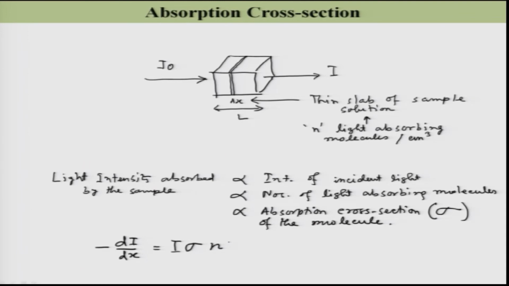Then I can integrate and put in the boundary condition. What is the boundary condition? It is easy. At x equal to 0, I has to be equal to I0, the incident light intensity. So with this boundary condition, after integration immediately what I will get is ln I0 by I equal to sigma n L, integrating from 0 to L.